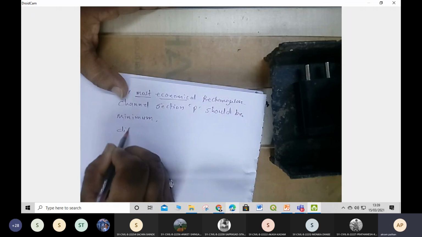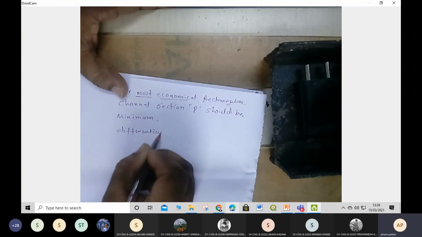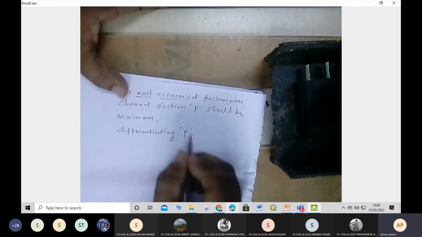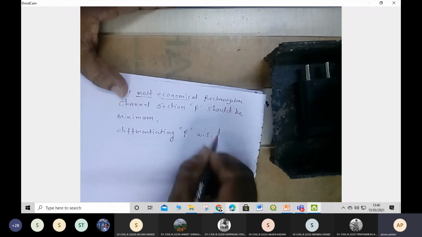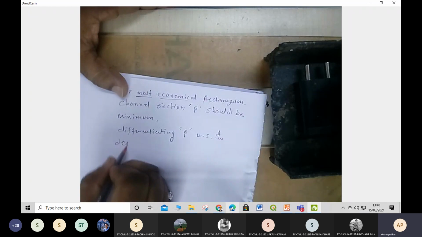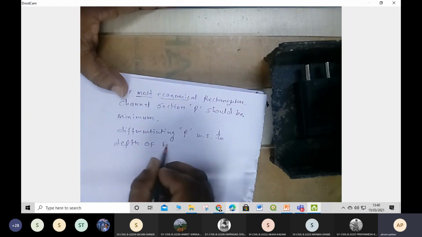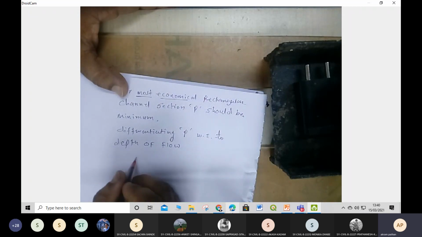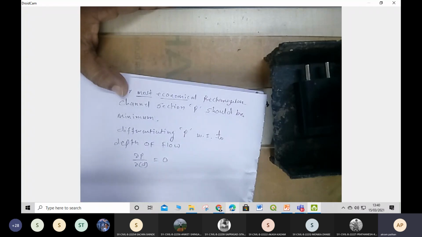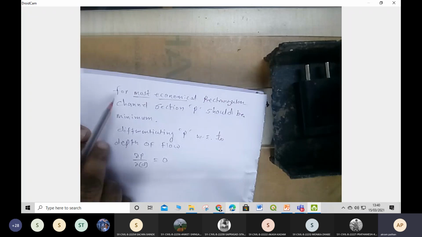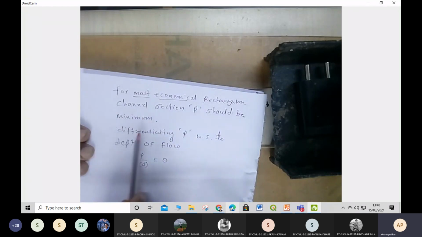So del P by del D is equal to 0, because the perimeter changes with respect to the depth of flow.